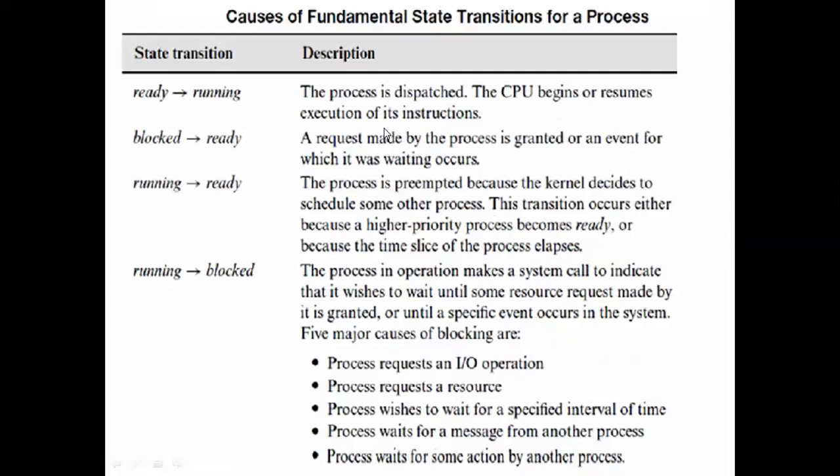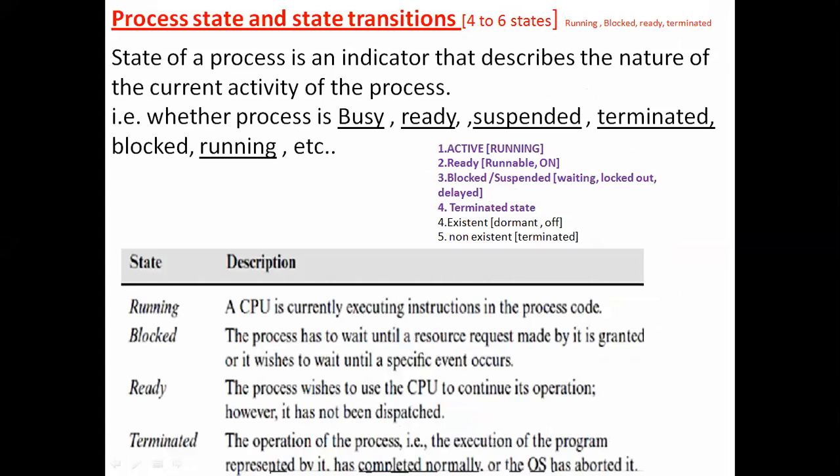And before seeing this, let me cover this last state called the terminated state. Once execution of a process is over, or if the process encounters an error during its execution, then the process can be stopped by the operating system. If that happens, the process enters the terminated state.